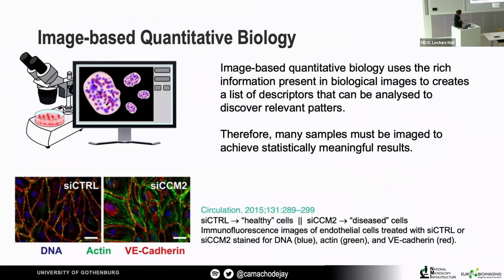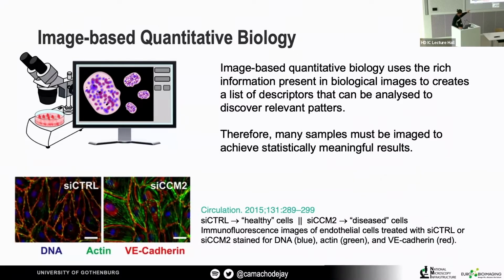If we are here today, it's because we are extremely interested in what I would call image-based quantitative biology, right? Imaging has been used in many different fields, but within biology, what we believe is that once we take a biological image of our sample, there's a rich amount of information in those images.